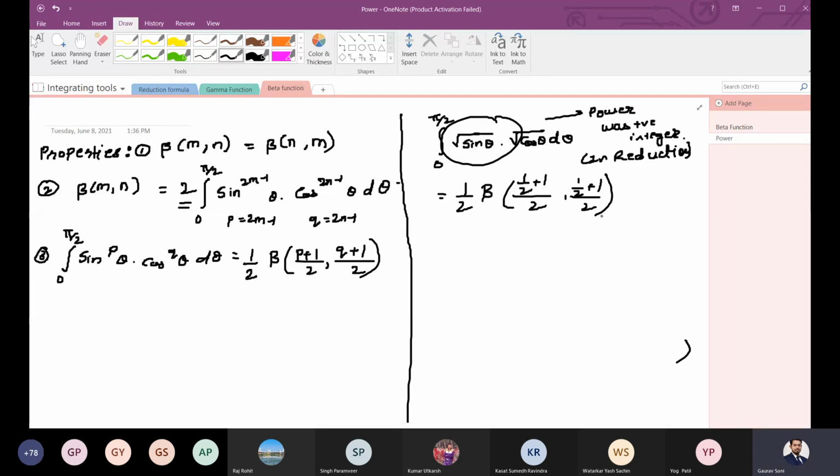If it is an integer, you can solve by any of the ways, either by reduction or by beta. So the answer to this will be 1 by 2 beta of 3 by 4 comma 3 by 4. This answer you cannot get by reduction because in reduction we need integers.